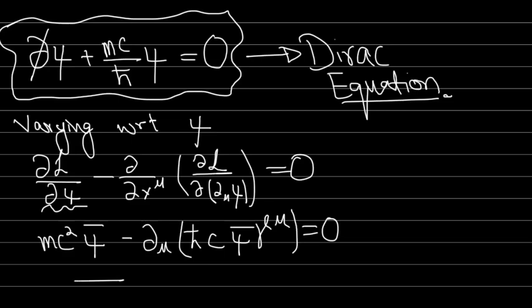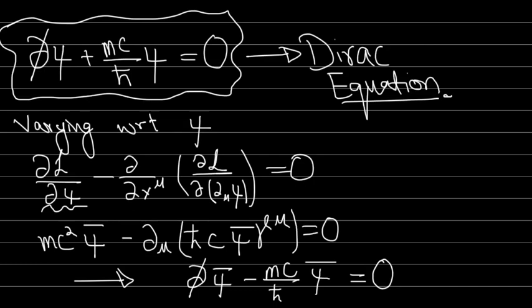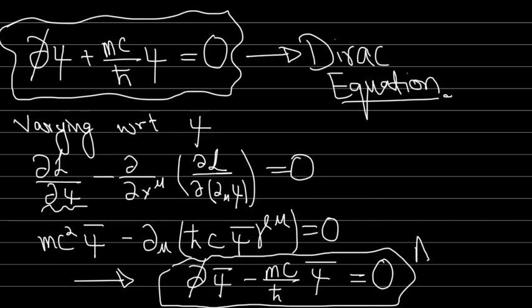And this thing you can simply write down with this d slash notation: d slash psi bar minus mc over h bar psi bar is equal to 0. And this equation over here also has a name, it's the adjoint of the Dirac equation. So, adjoint Dirac equation, right?